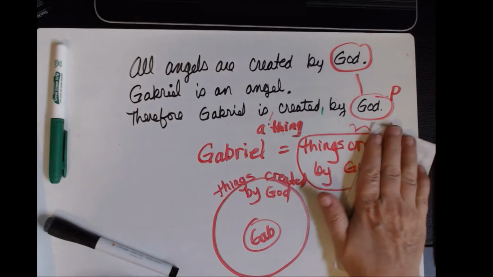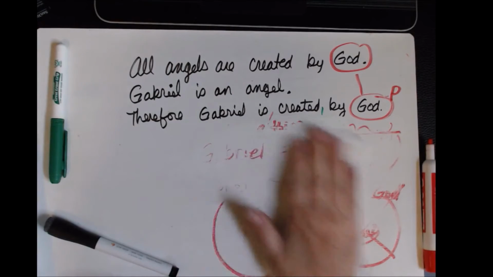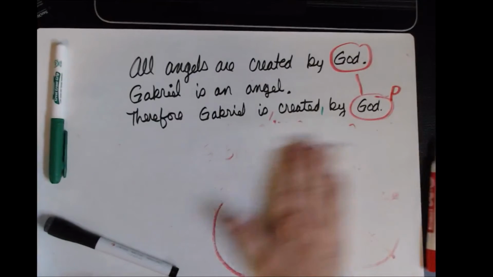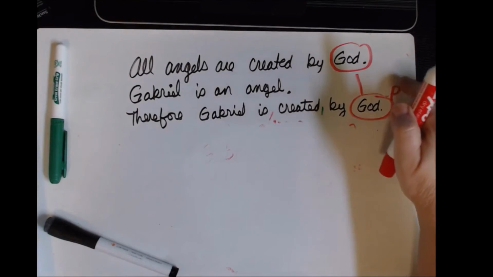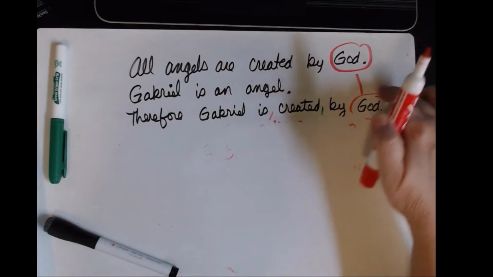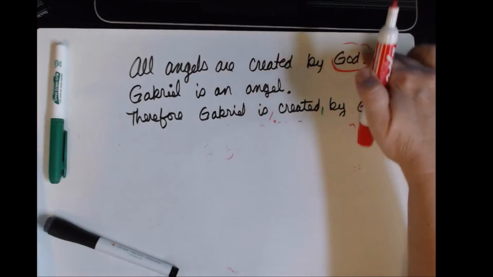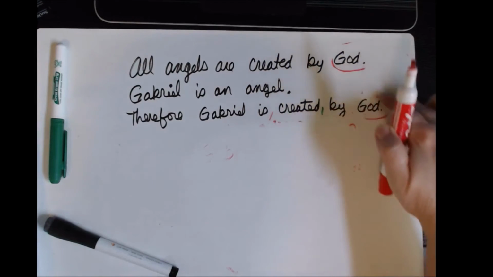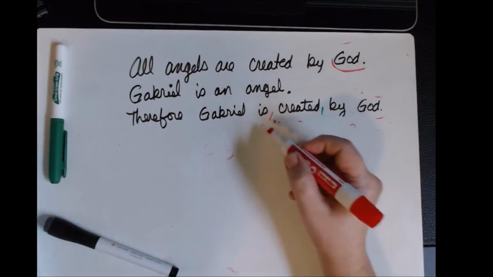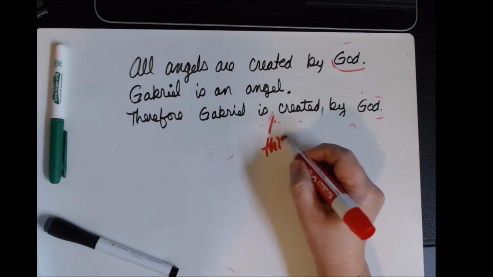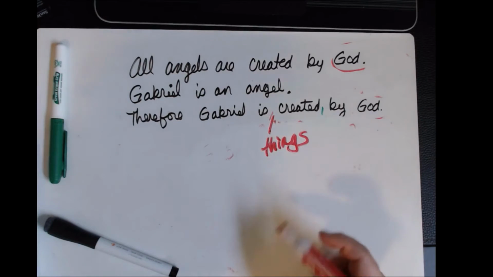Okay, so I'm going to erase this here because it took up a lot of space. So our major term is not God. Our major term is the inferred things created by God.